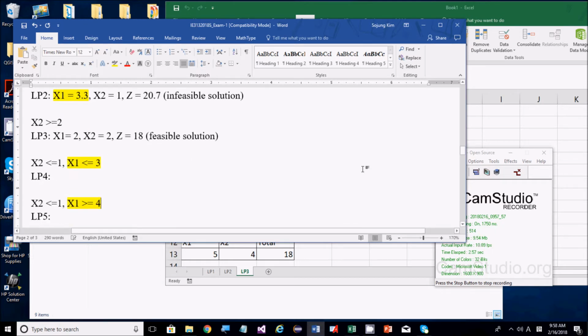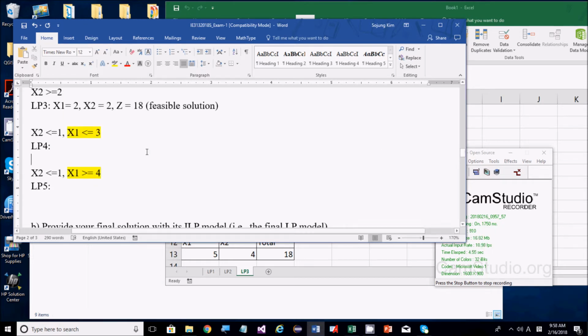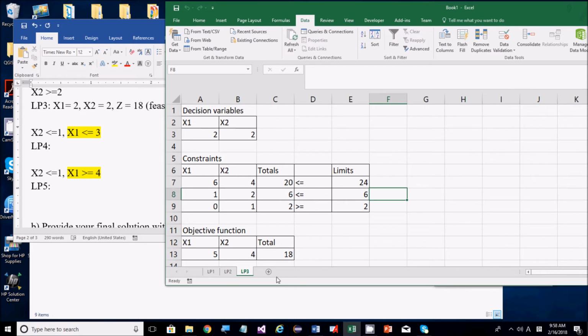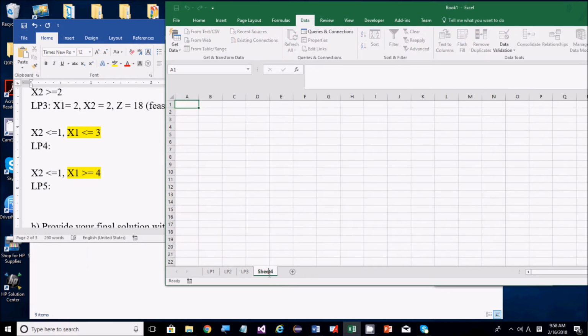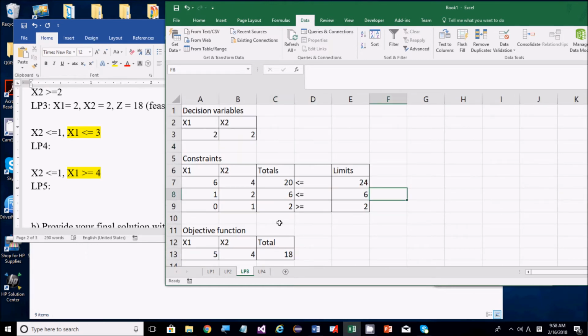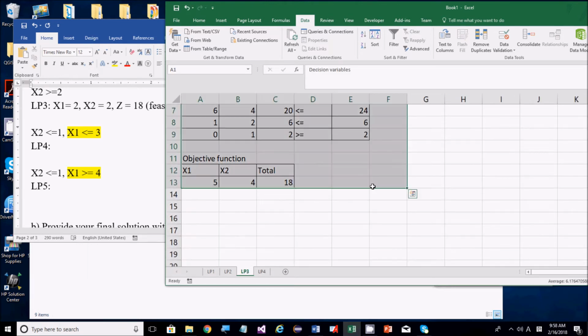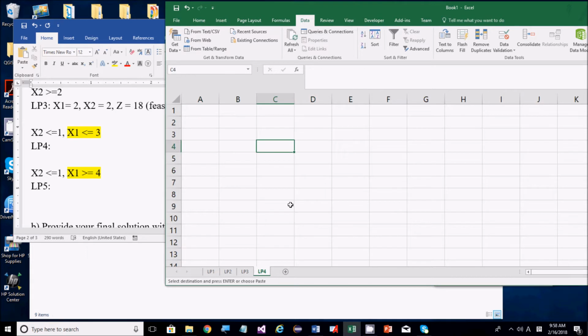Let me create LP4. This time we will make a new worksheet together. Let me just copy and paste the existing LP model.